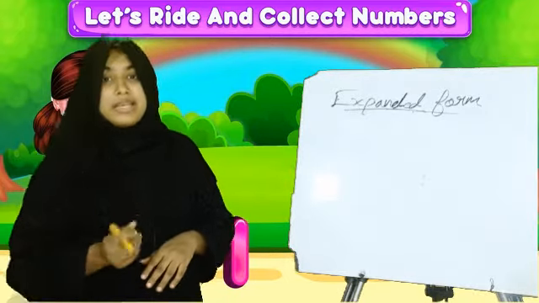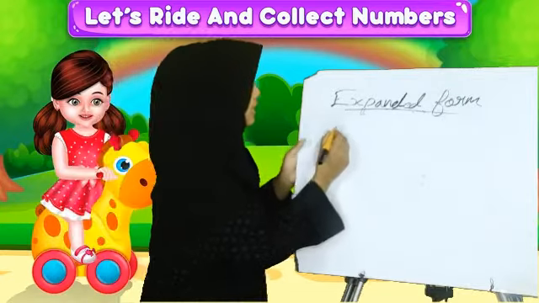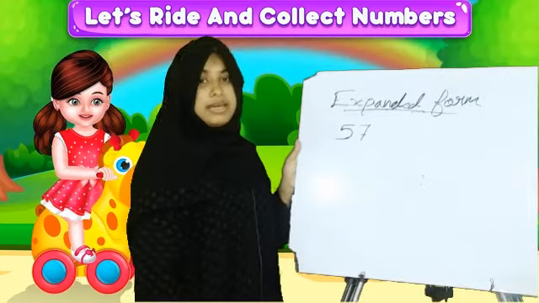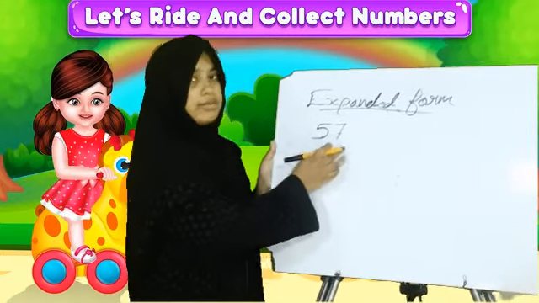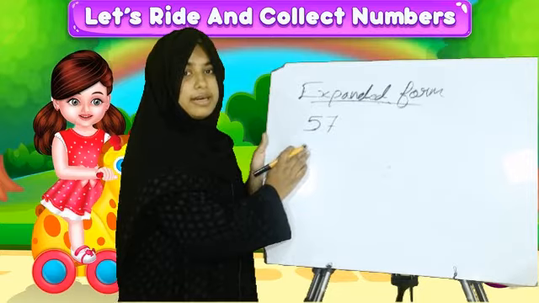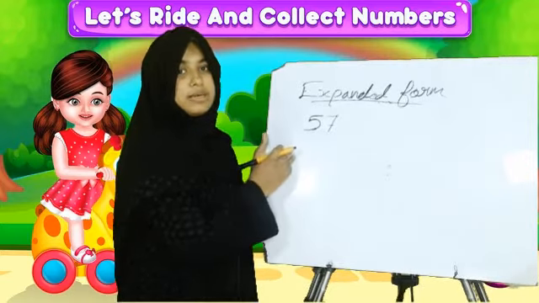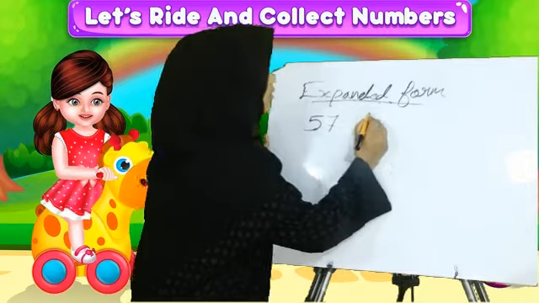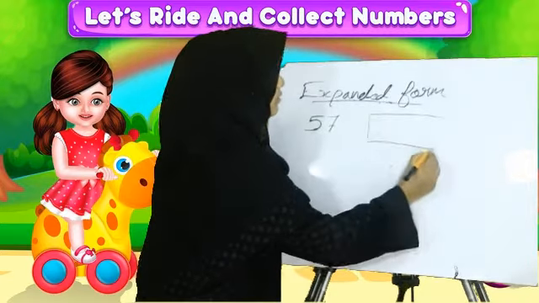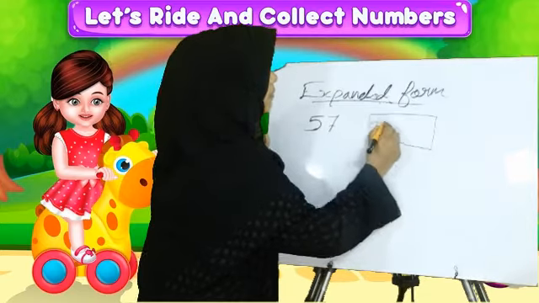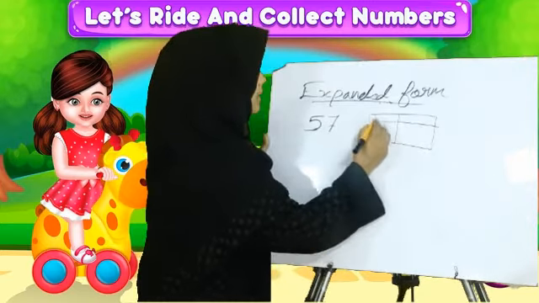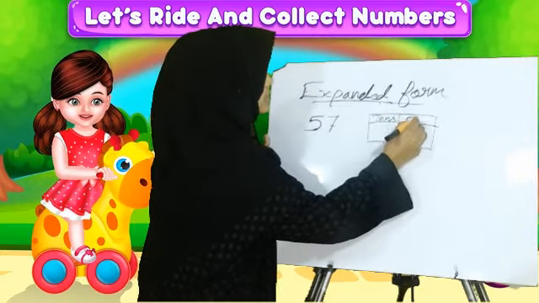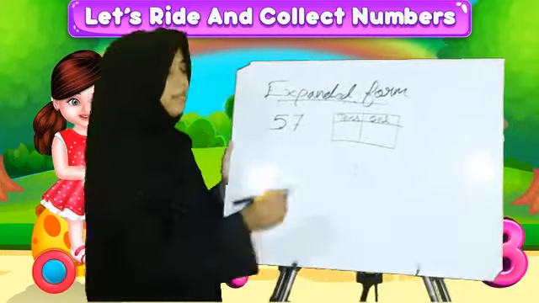First we check 2-digit numbers. I will write one 2-digit number, 57. Writing the 2 digits 7 and 5: 7 ones, 5 tens. We already know the place values. We take one column, with tens and ones.